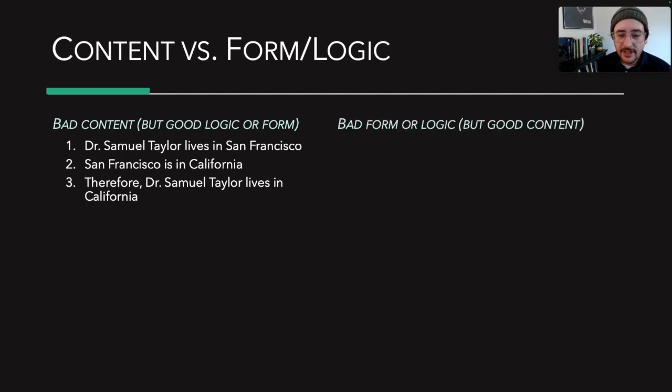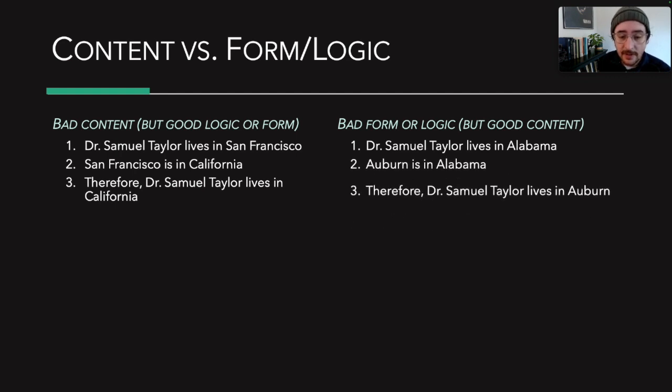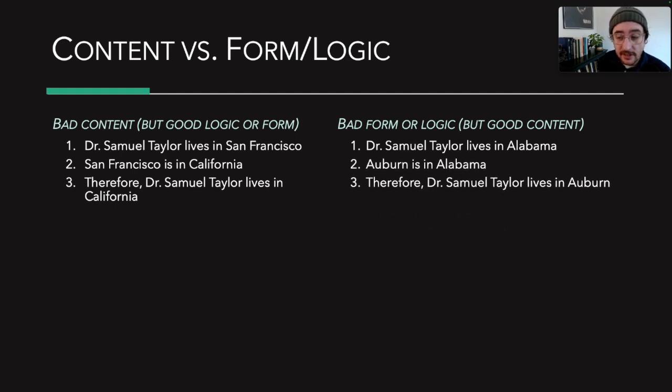So now let's compare that to an argument that has bad logic, but its content is fine. Dr. Samuel Taylor lives in Alabama. Auburn is in Alabama. Therefore, Dr. Samuel Taylor lives in Auburn. So when I look at these premises and the conclusion, and I evaluate whether they're true or false, well, everything looks good. I really do live in Alabama. Auburn really is a city in Alabama, and I really do live in that city.